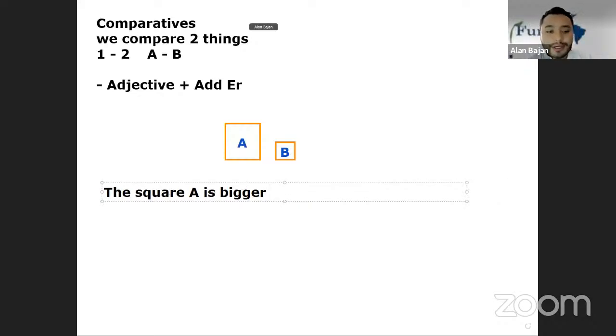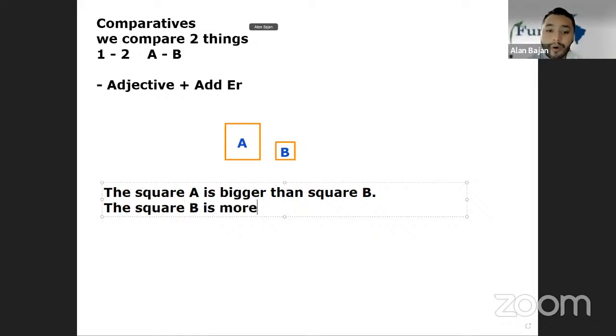The square A is bigger than the square B. The square B is more little than square A.